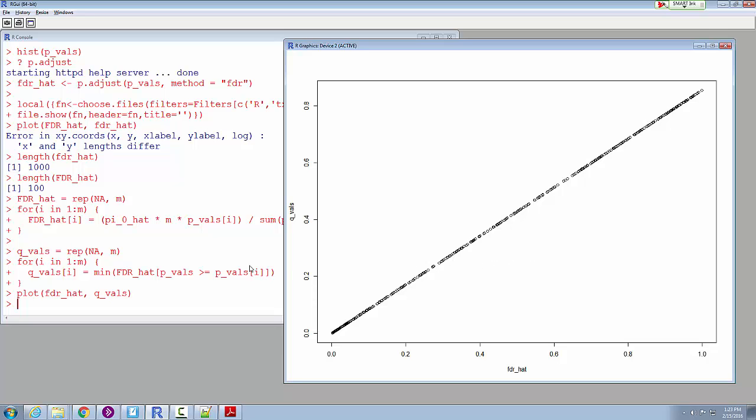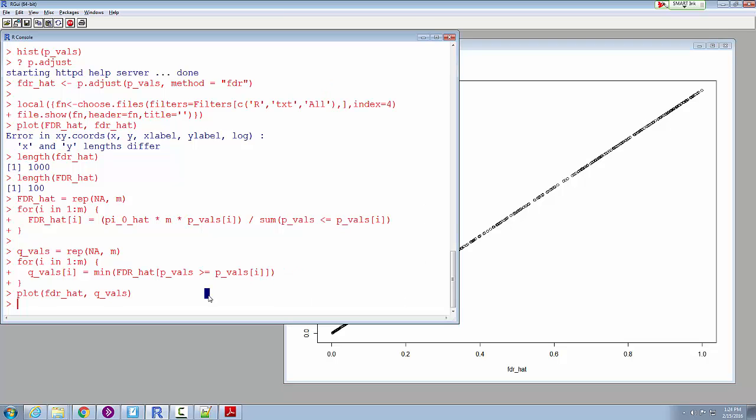Long story short, if you do omics data analysis and you have thousands of p-values, you can use p.adjust with method equal FDR to get false discovery rates. It's a little bit misleading again, you now have a separate number for each of your features. We have 1,000 p-values, and now as the result of calling this function, we also have 1,000 FDR estimates.